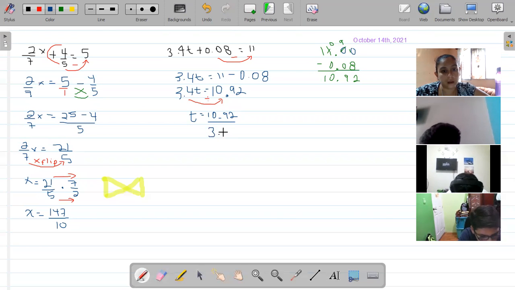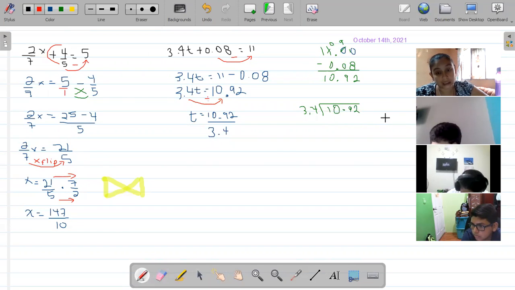3.4. And again, I'm going to do the division so you can refresh your memory on how we do it. Denominator goes on the outside, so 3.4. And the numerator goes on the inside of the little division box, 10.92. Now remember, I do not need decimals on the outside. I don't care if I have decimal points on the inside.